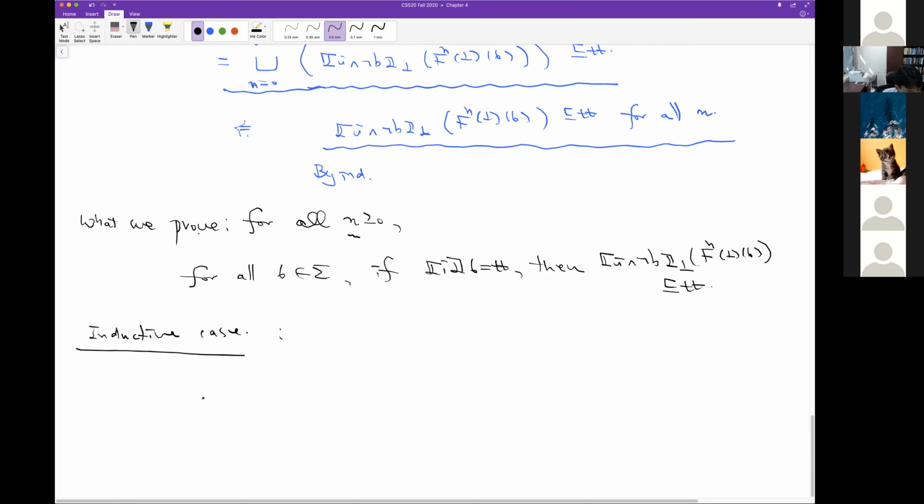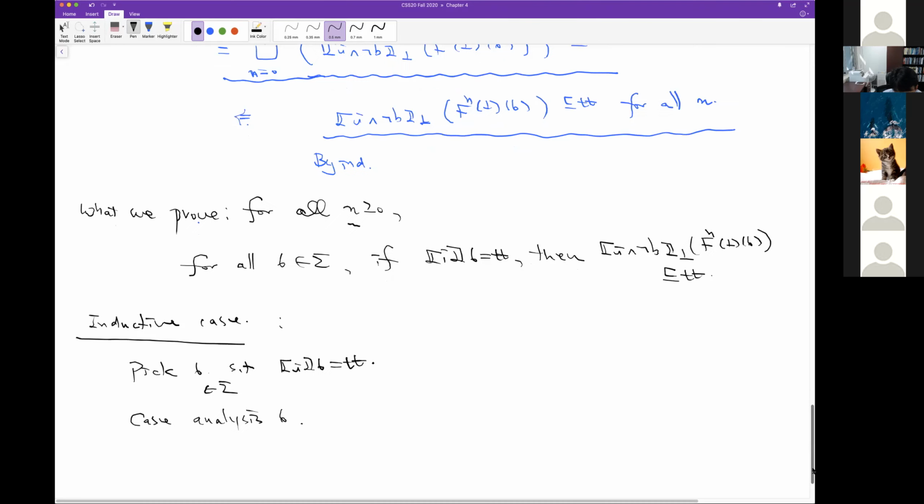To prove the inductive case, we have to pick sigma such that the invariant I of sigma is true. Then we have to do case analysis on sigma, but I'm going to only consider the most difficult one.